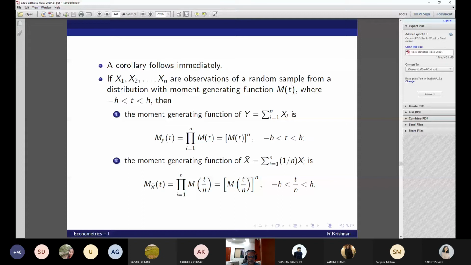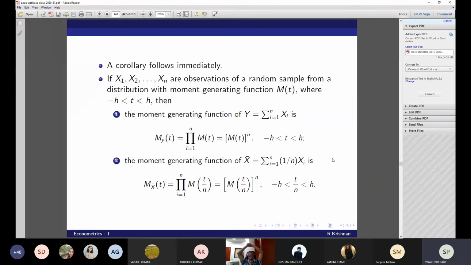Sir, in the moment generating function of x bar, the product running from 1 to n, what is that in the bracket?